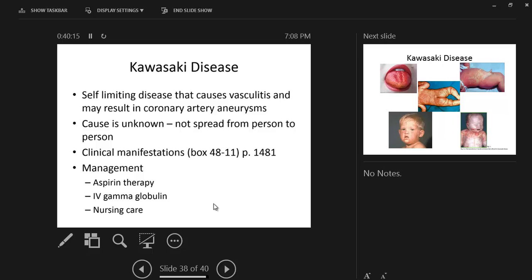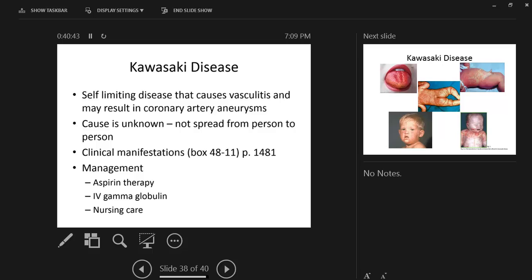What they do is give high doses of gamma globulin and salicylate administration, within 10 days of onset. They can have pretty good outcomes. The main thing is to make sure that it's done early in the disease process. In the acute stage, they are very irritable, as you might imagine, with this very red tongue and broken out mouth, peeling palms, just some of the symptoms.